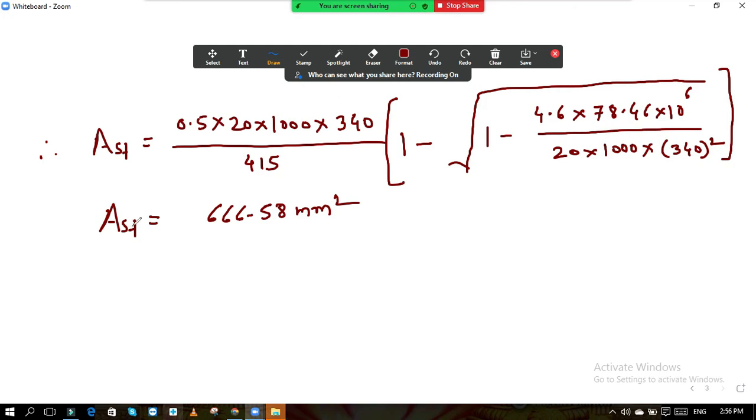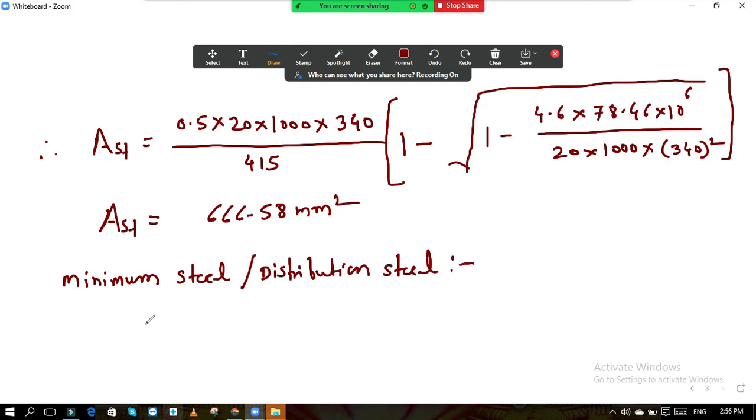Now calculate minimum steel. Minimum steel, that is distribution, ह्यालाच आपण म्हणतो डिस्ट्रीब्युशन स्टील. मिनिमम स्टील कॅल्क्युलेट करा, किती येते. ASTD is equal to 0.12%, Fe415 is given by 0.12 upon 100 into 1000 into 340.